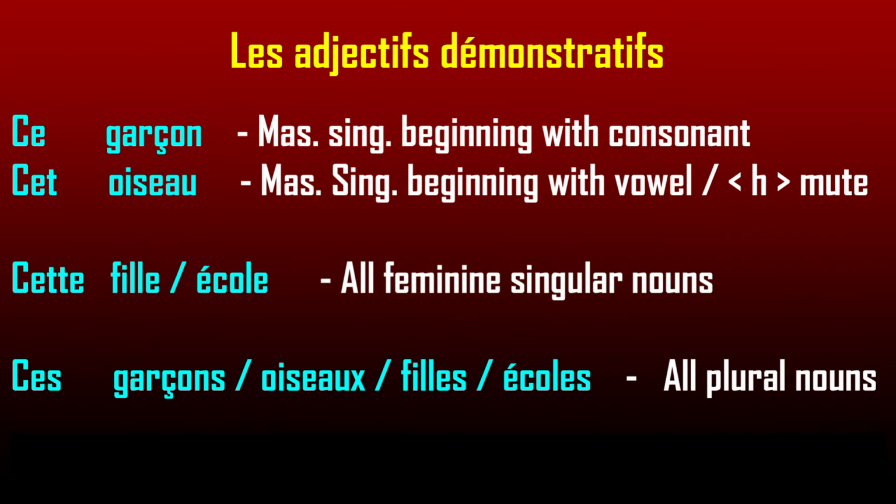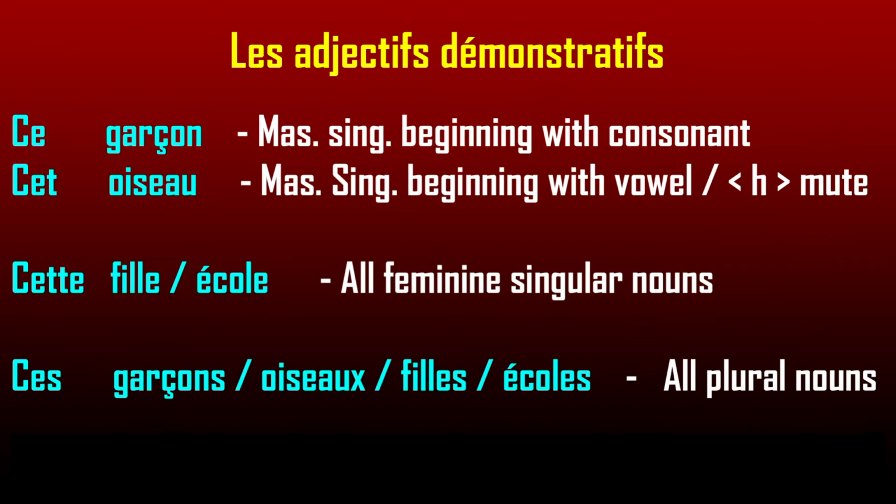Ces garçons, ces oiseaux, ces filles, ces écoles. Ces garçons, these boys, those boys. Ces oiseaux, these birds, those birds. Ces filles, these girls, those girls. Ces écoles, these schools, those schools.